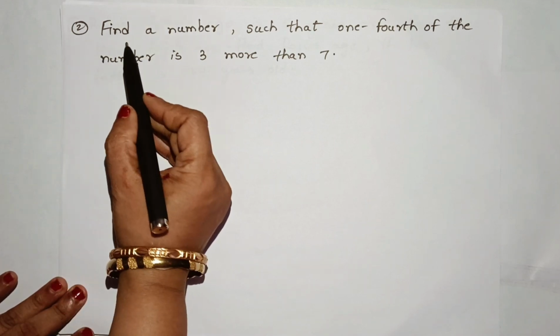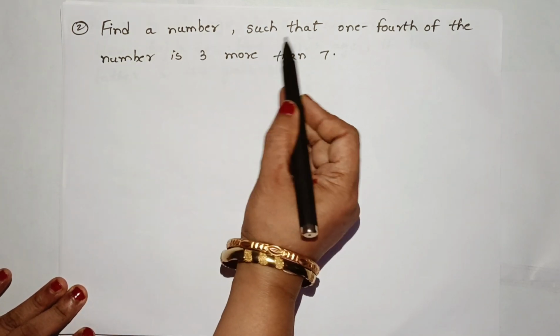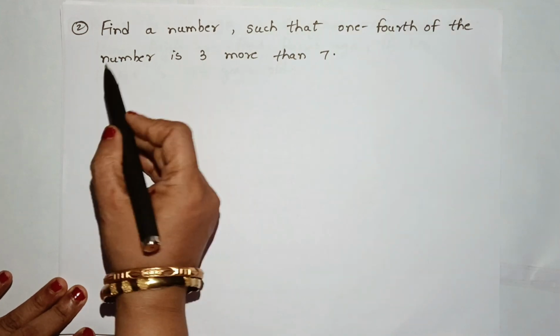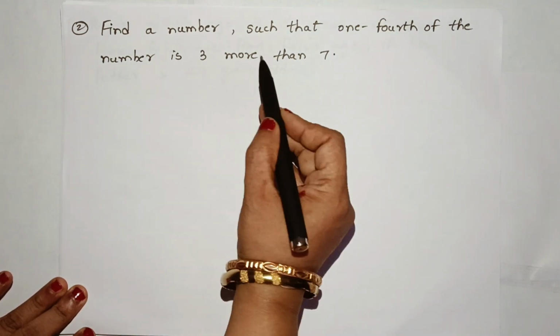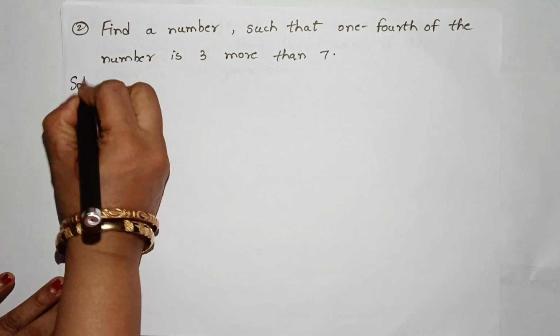Question 2. Find a number. Here the number is not known, such that 1/4 of the number is 3 more than 7. You have to find a number. Solution.